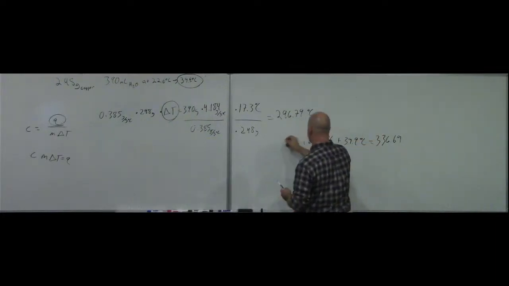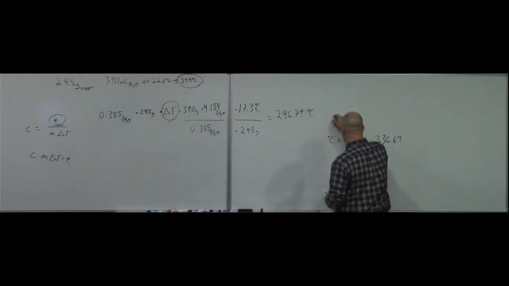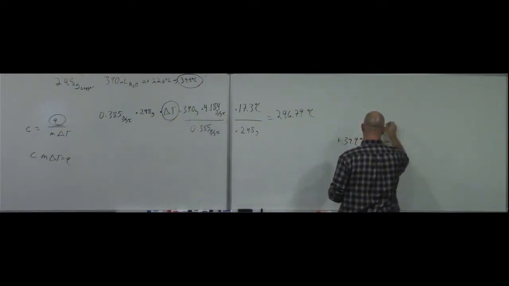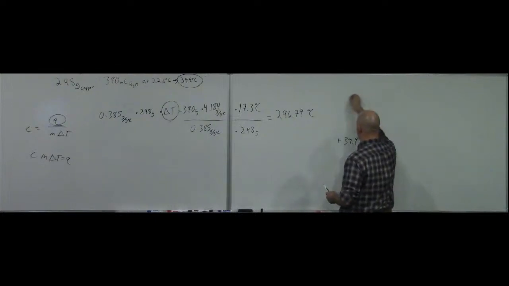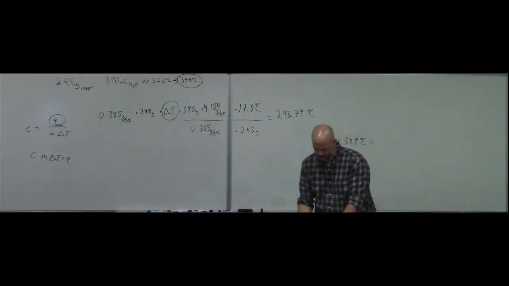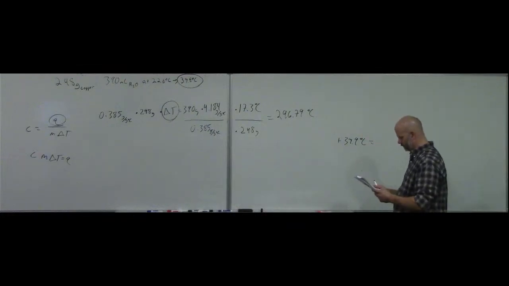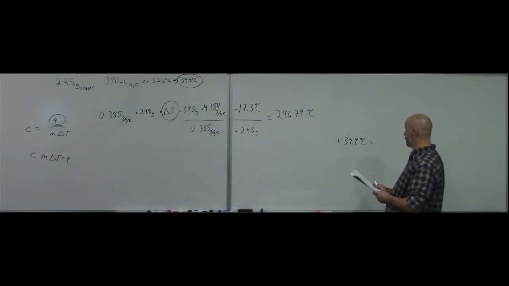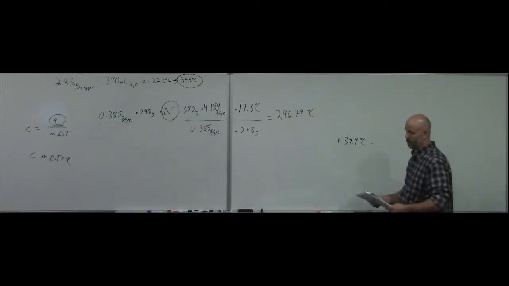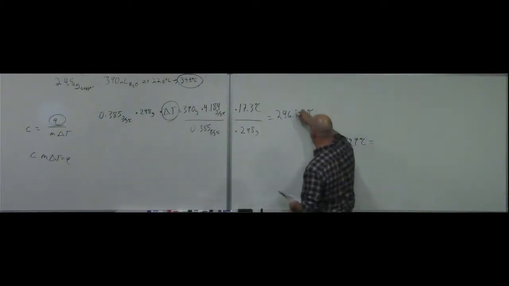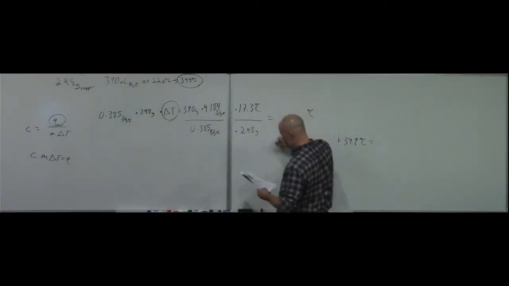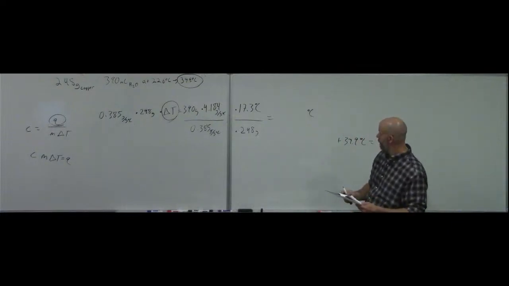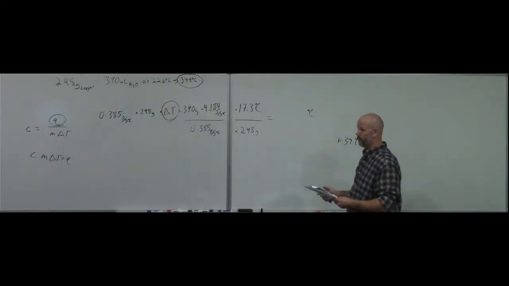That's going to change our delta T, which will then change our final number. About 345.56.